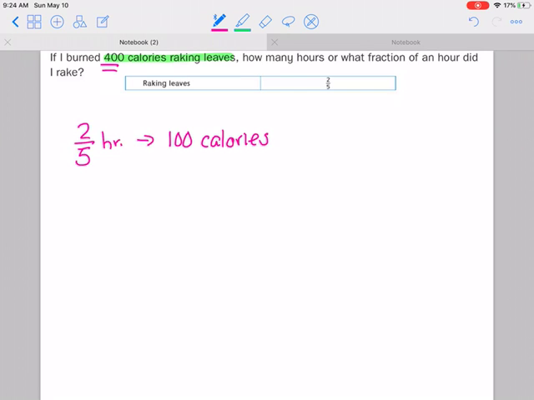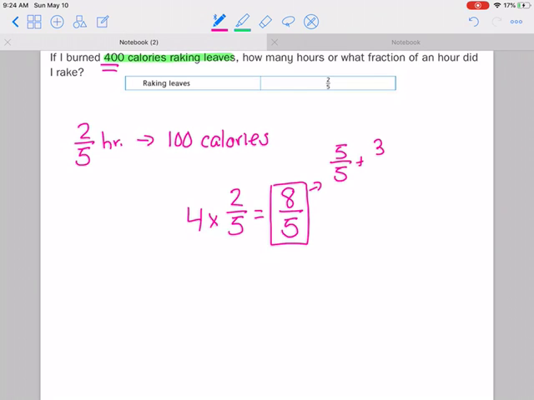So I'm going to have to do 4 times 2/5. And I know 4 times 2 is 8. I get 8/5. I already know that I'm going to have to take out a whole from here. Right? Because this can also be written as 5/5, which is a whole, plus 3/5.